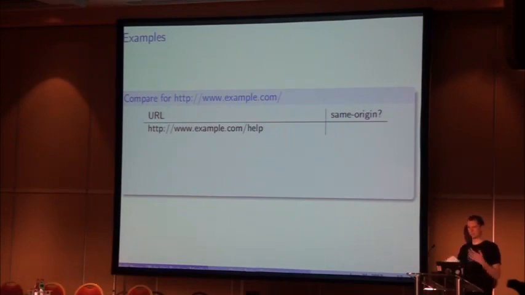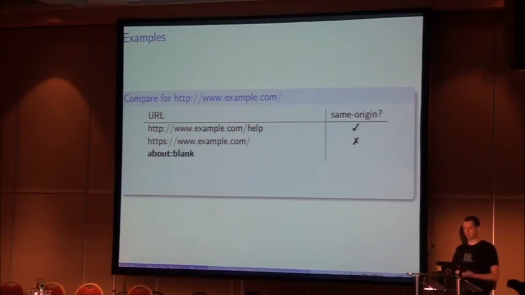The scheme is both HTTP. The domain name is both www.example.com. The port is not given, it's the default port. Is it the same origin? This is the interactive part. I see somebody nodding, that's good. Of course it is. The next one you're going to do on your own, this is tricky, I know. Right, somebody's shaking his head. This is of course not same origin.